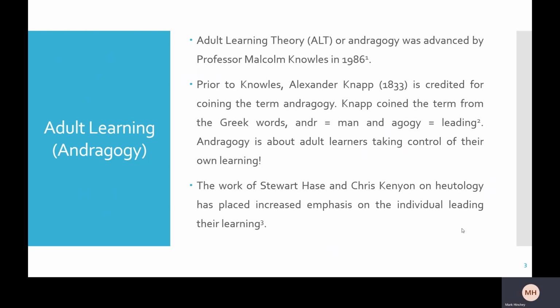And hortology places an increased emphasis on the individual leading their learning. So although Knowles really put emphasis on self-directing one's learning, learners taking control of their own learning, the advancement that Haas and Kenyon were able to make is to say individual students are able to get themselves to the point where they're in charge of their learning. They're the custodians of their learning. They own that space.